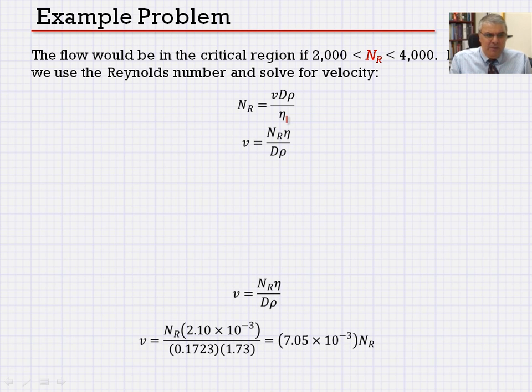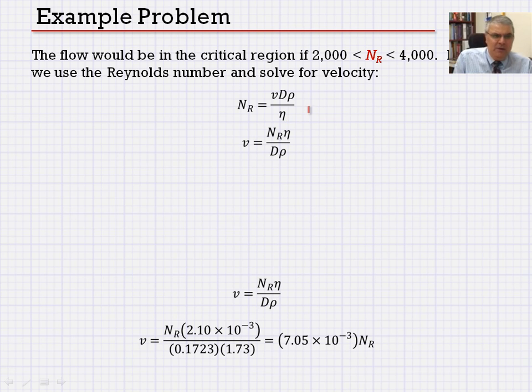We set that Reynolds number to 2000 as the lower limit and 4000 as the upper limit, and then we should be able to calculate the velocity of our critical region. So first we would use the Reynolds number and solve for velocity.